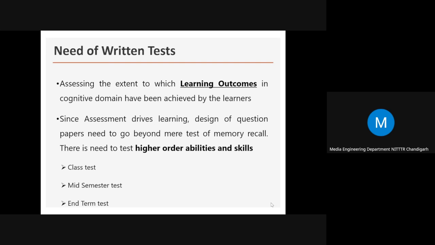So we should include questions which are related to some higher order abilities and skills also. Although we'll see that we cannot test all kinds of higher order abilities using the written test, to some extent we can go towards the higher order levels in addition to the earlier memory recall type of questions.